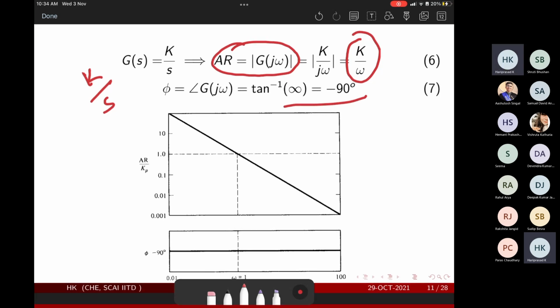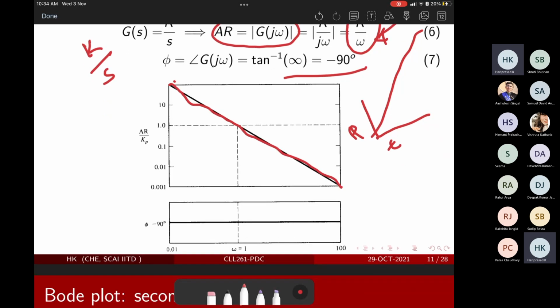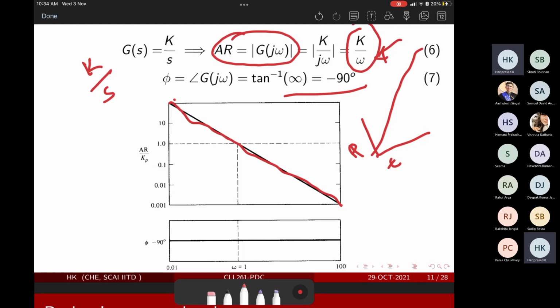So what do you see here? You know how the behavior of an integrating system looks: in time, it keeps on increasing or decreasing. You see an analogous response here. When the input frequency changes, you get a linear thing in amplitude ratio.